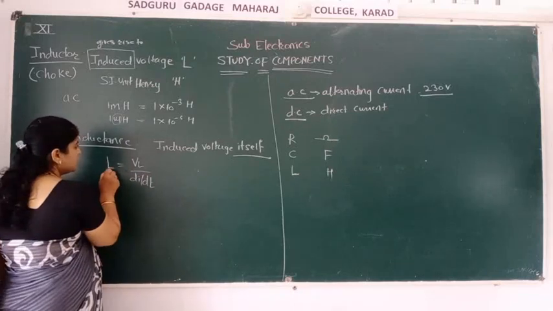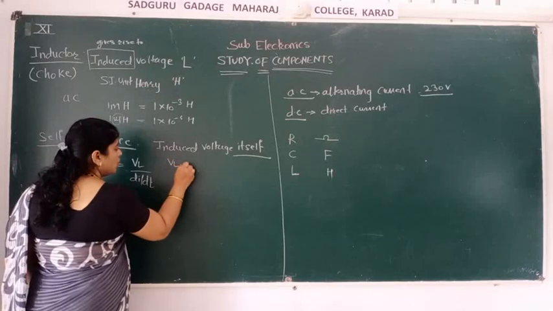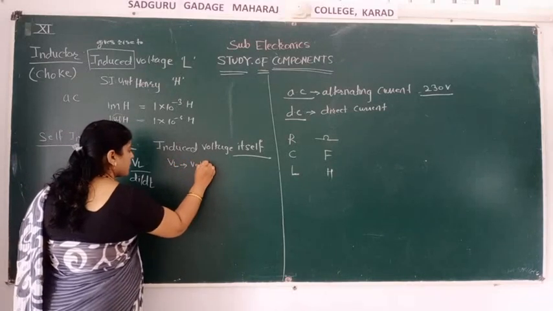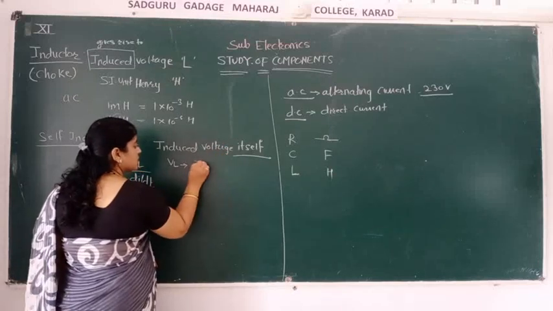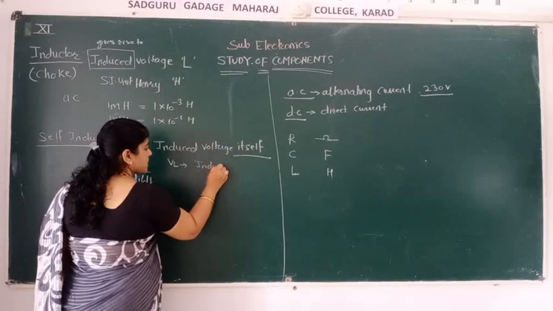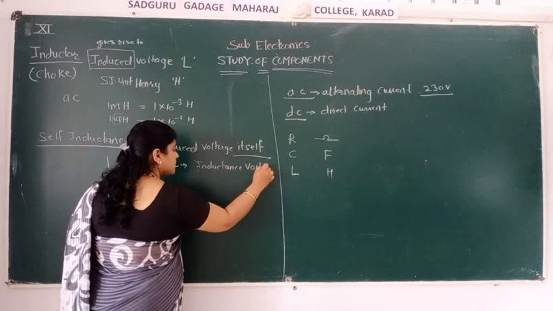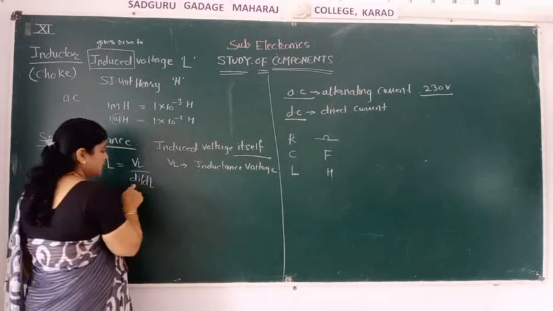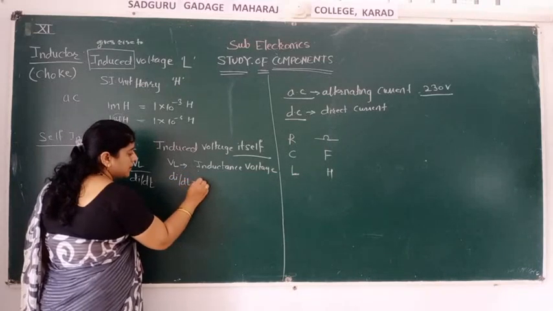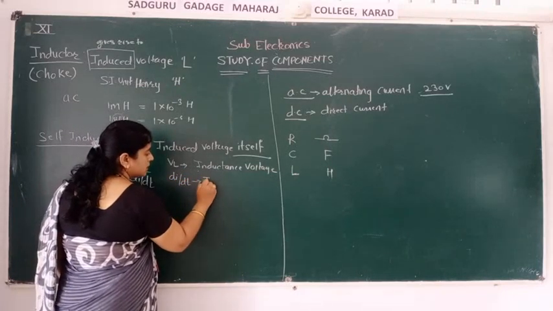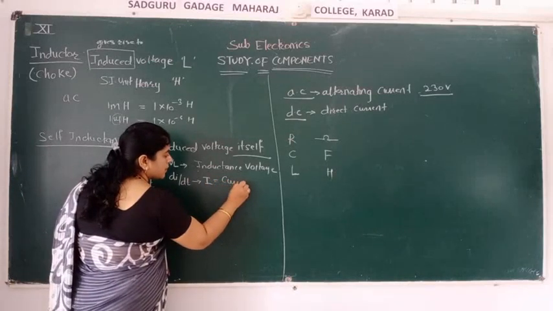So this L is the inductance, VL means the inductance voltage, and this di by dt is nothing but your current, that is I.